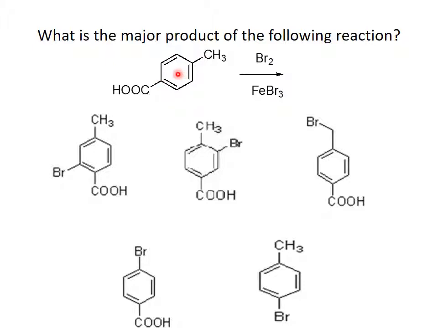So what are we going to see? We're going to see bromine being put in the position ortho to the methyl group. So that's meta. That's not anywhere, we don't expect to see that at all. We don't expect to see displacement of either group. This is the correct selection.